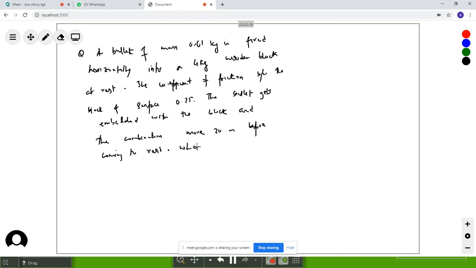With what speed did the bullet hit the wooden block? Homework.